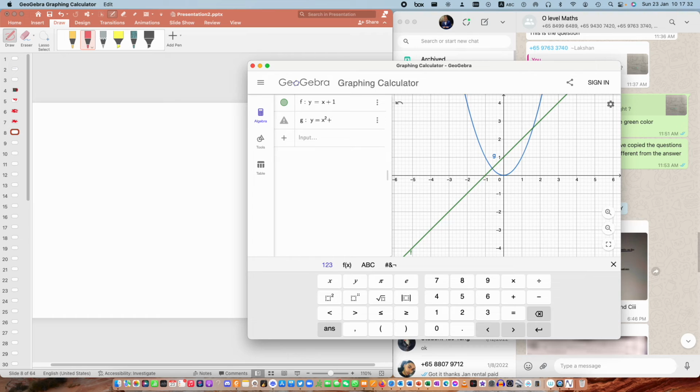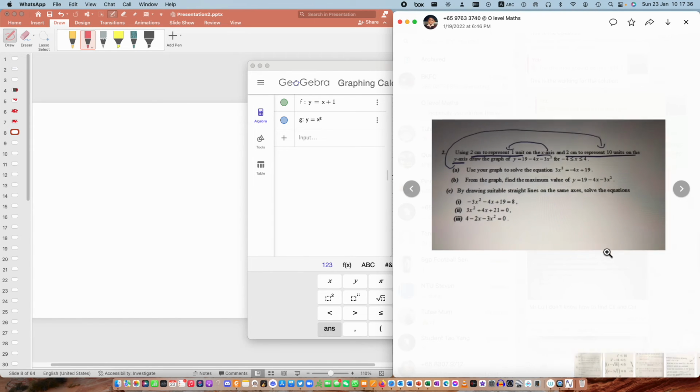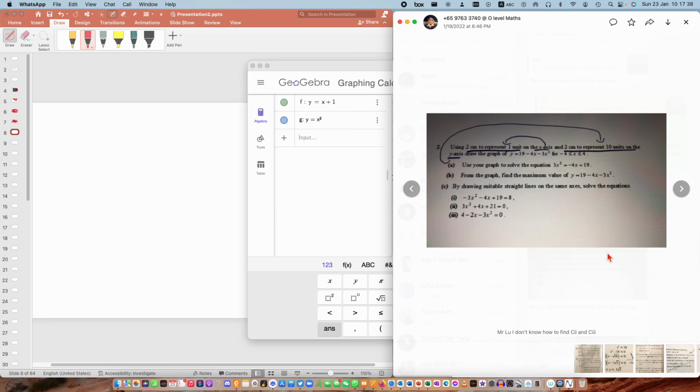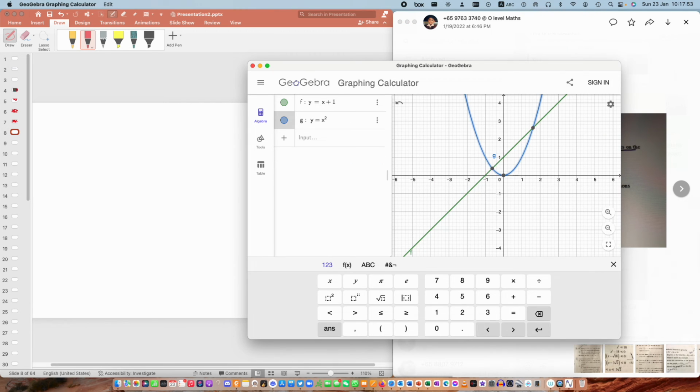I think it's in my iPad. Oh, never mind, I just look at this. It's 19 minus 4x minus 3x squared. Can you write it down first so that you can read? Please tell me, what is the quadratic equation? 19 minus 4x minus x squared, right?